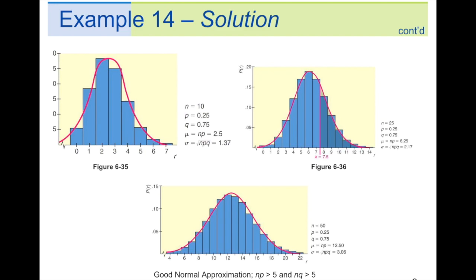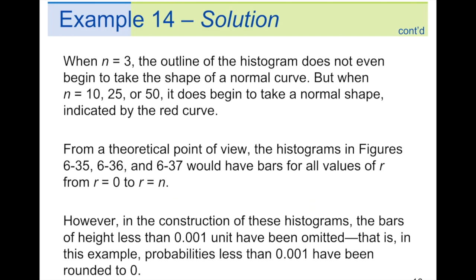So here are 3 of those graphs, and notice as n gets larger, it becomes more normal, much more of a bell-type curve. When n equals 3, the outline of the histogram does not even begin to take the shape of a normal curve. But when n equals 10, 25, or 50, it does begin to take a normal shape, indicated by the red curve.